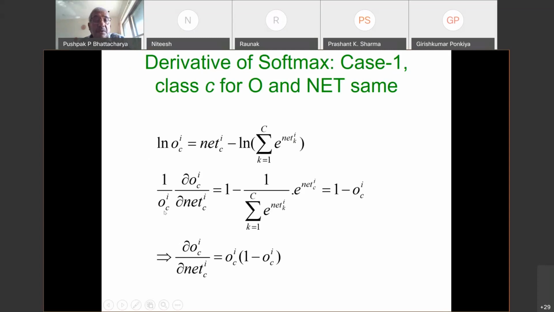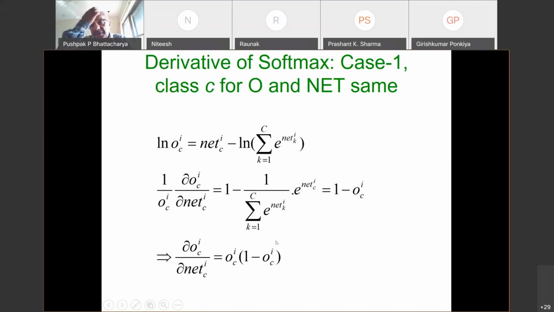I get 1 by O_ic delta O_ic delta net_ic. The derivative of net_ic with respect to net_ic is 1, minus, now by the chain rule of partial derivatives, 1 by the sum times e to the power net_ic. All other e to the power net terms will vanish because it is a partial derivative with respect to net_ic. So this is equal to again 1 minus O_ic. So delta O_ic delta net_ic equals O_ic into 1 minus O_ic.